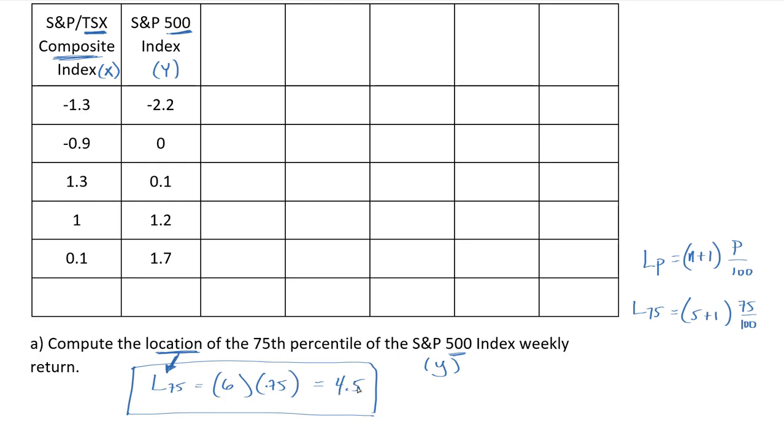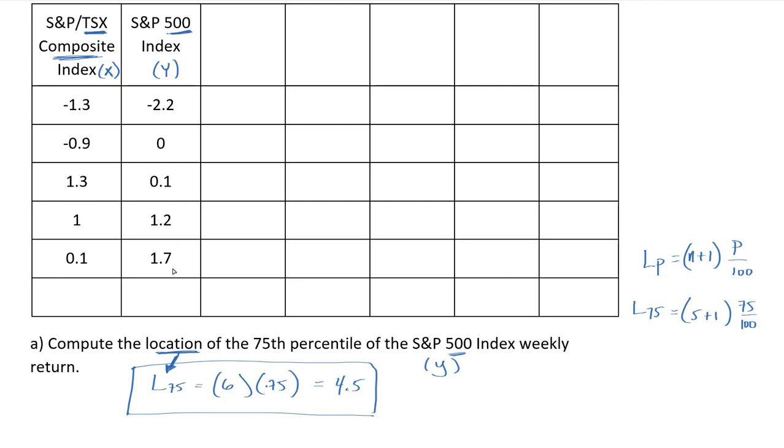But if we did want to know what it actually was, let me show you what that means. The first thing we would have to do, if you want to find the location of a value within a distribution of data, is put the distribution into order, either from lowest to highest or highest to lowest. The data has to be ordered. Fortunately, in this case, we've already got that. For our Y data, negative 2.2 is the lowest, and then 0 is a bit higher, 0.1 is a bit higher again, and again, and again.